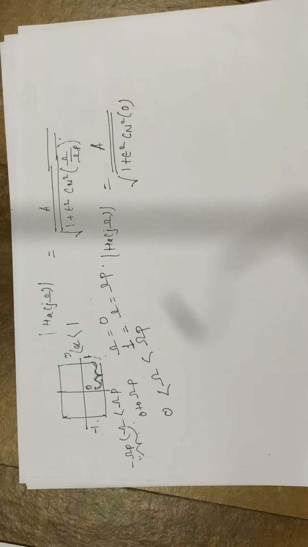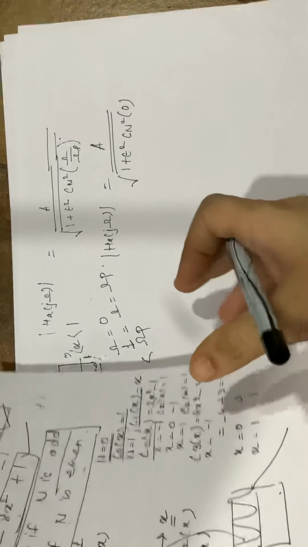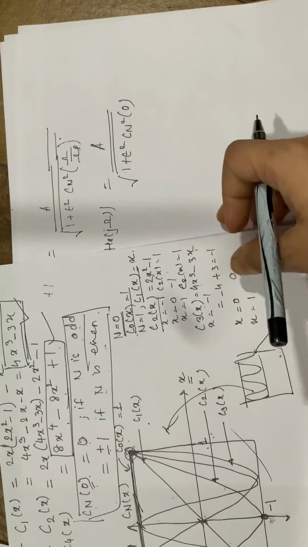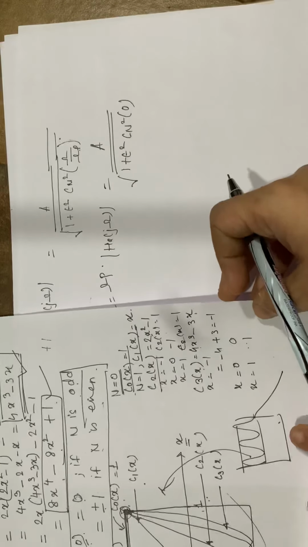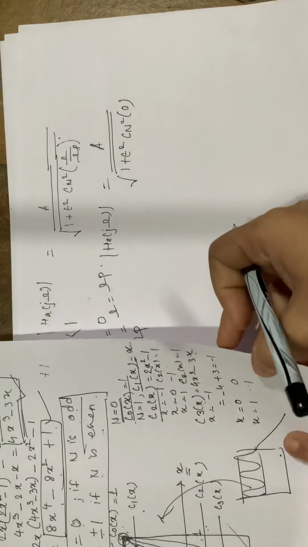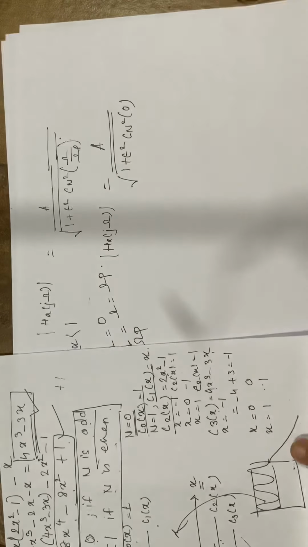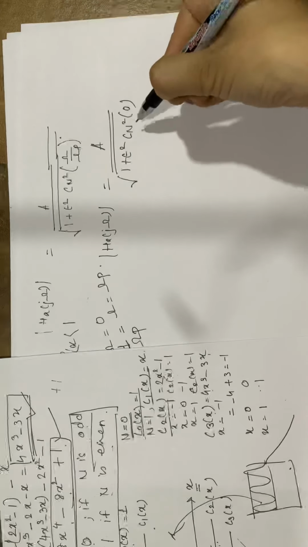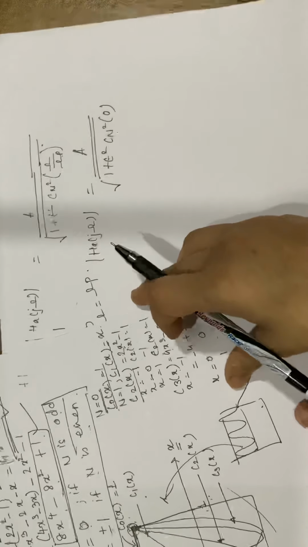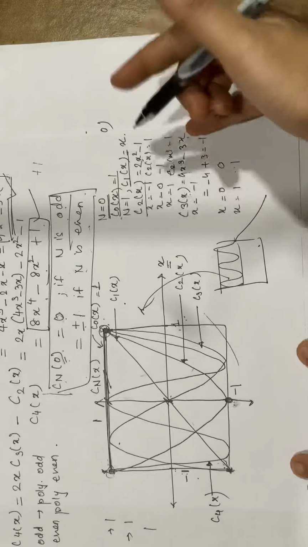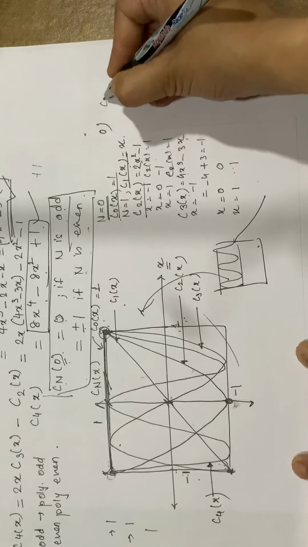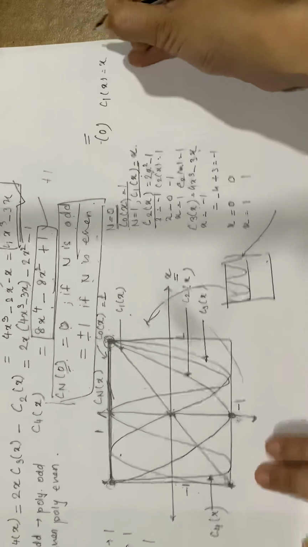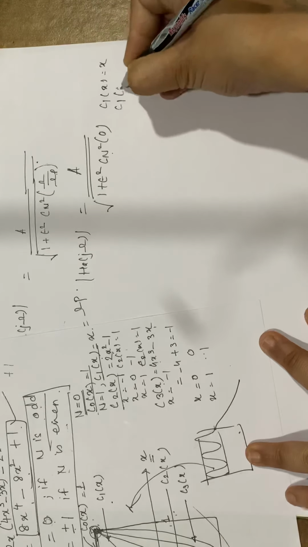Okay, so what will be this Cn square of 0? What is the minimum value of Cn of 0? If I take the order as n equal to 1, C1 of x was equal to x. So what will be C1 of 0?